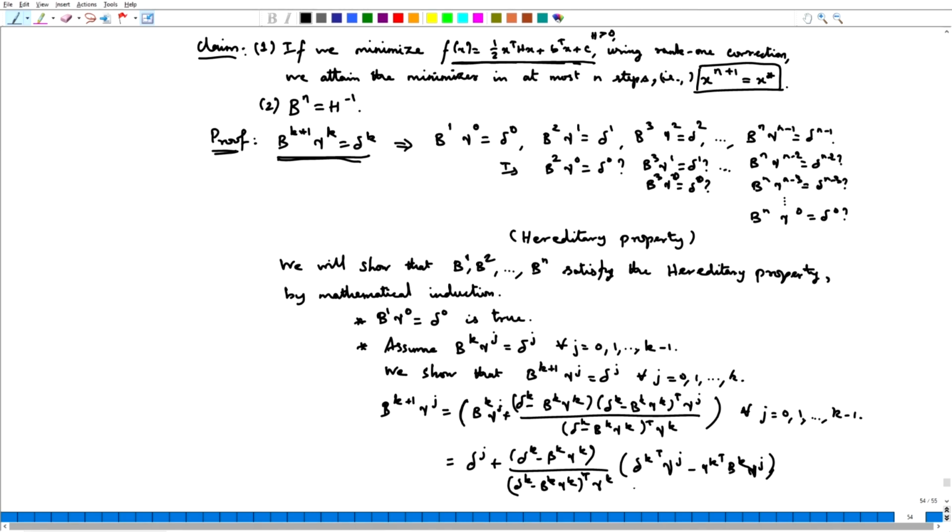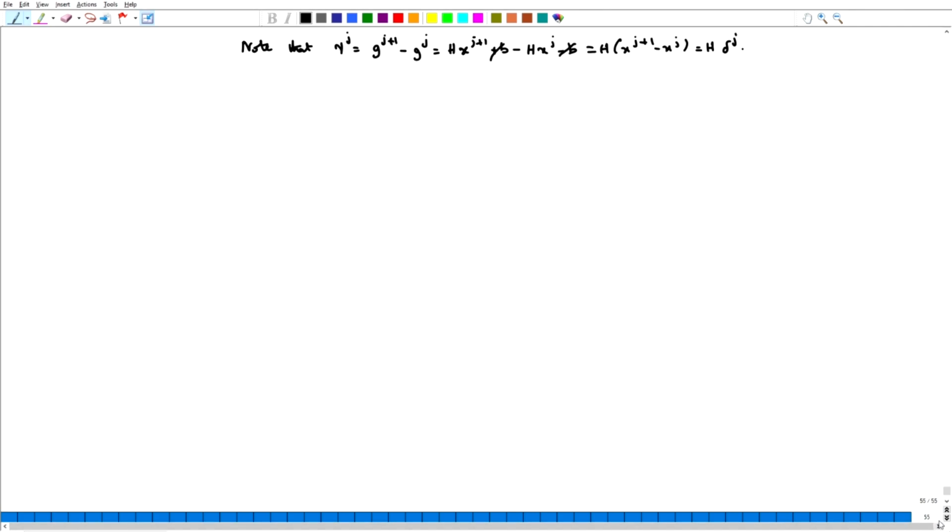Now let us compute what this actually is. Delta k transpose gamma j minus gamma k transpose Bk gamma j: for gamma j I am going to replace by H delta j. So, you have delta k transpose H delta j. And for gamma k transpose I will write delta k transpose H. What is Bk gamma j?